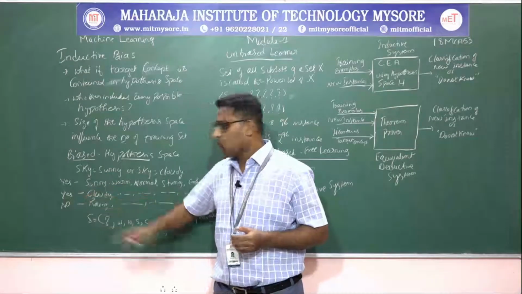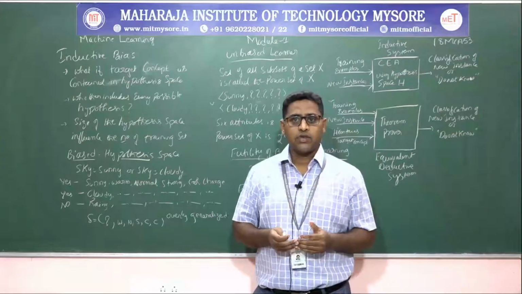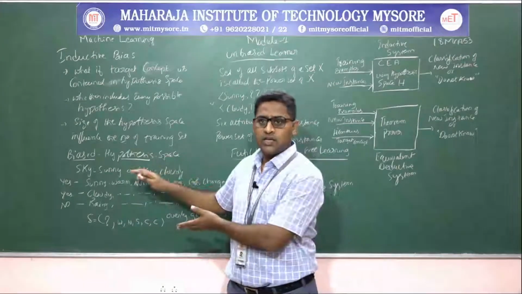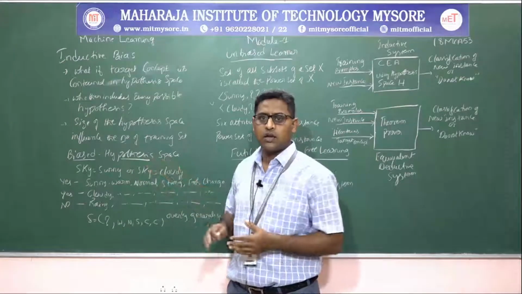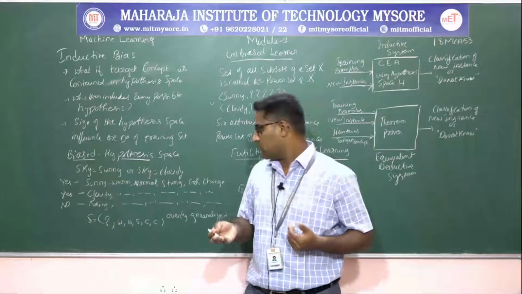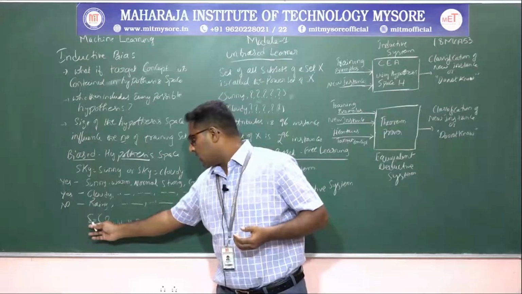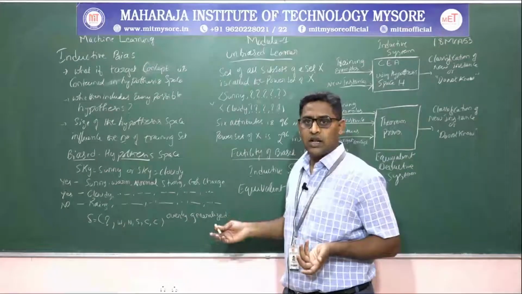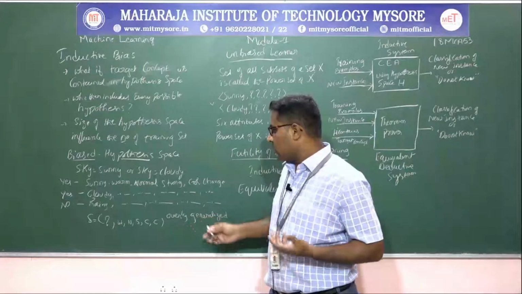So there will be one more training example which was not there in the hypothesis, and the size of the hypothesis or the data set has been increased. So the hypothesis space will be increased, such that it will become more general or over generalized. How does it become over general?